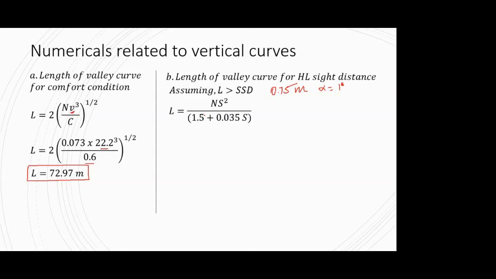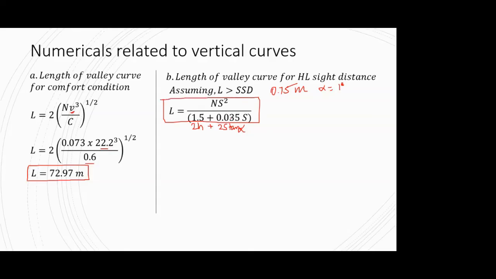Okay. And here you have 2h. If you recall the formula, it's N S square upon 2h plus 2 S tan alpha, I guess. So I have directly substituted the values and taken this formula.